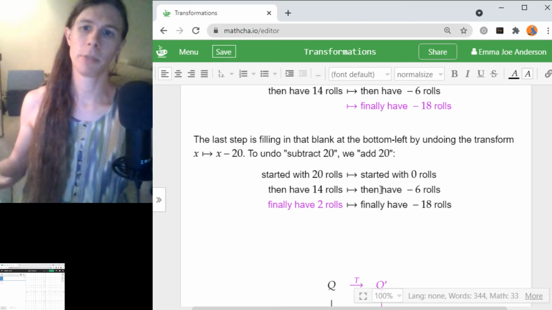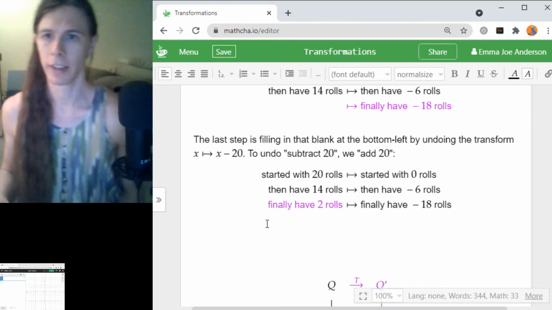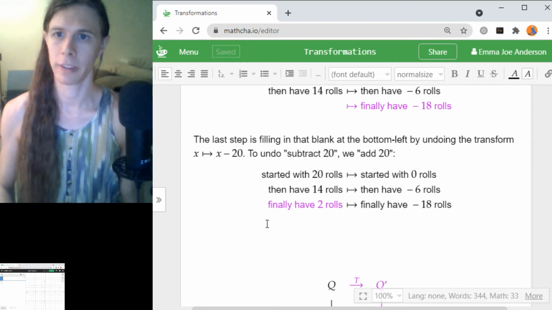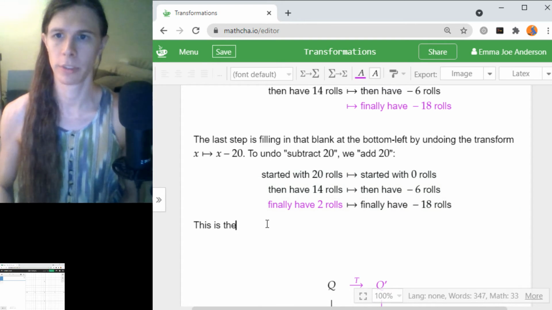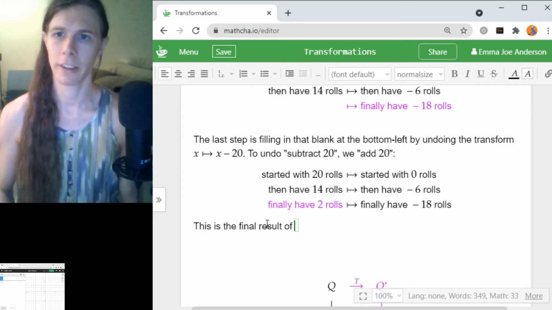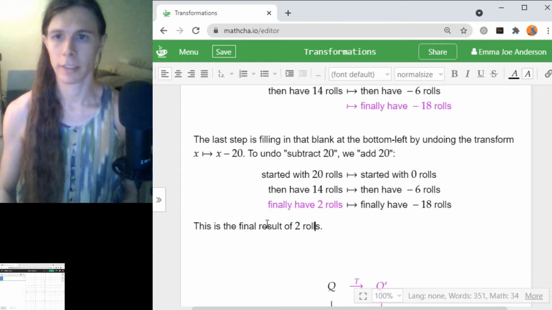So to undo subtract 20, we add 20, and this is where finally, yeah, this is the result of 2. Okay.